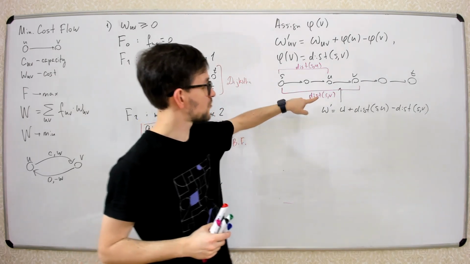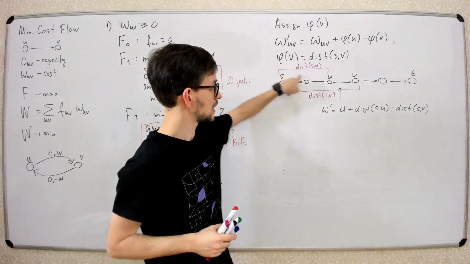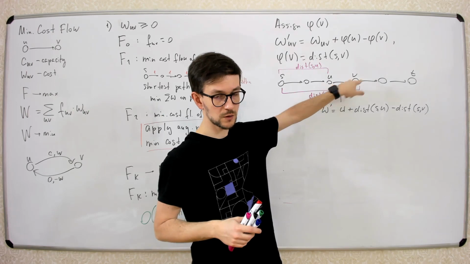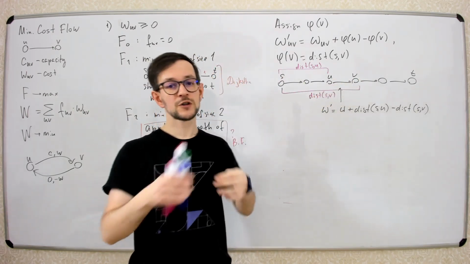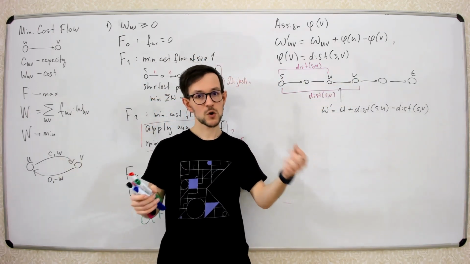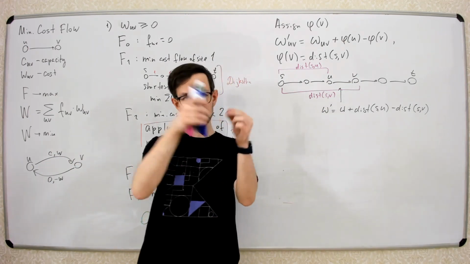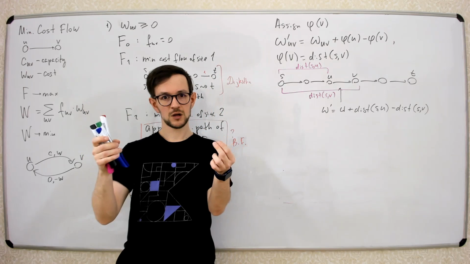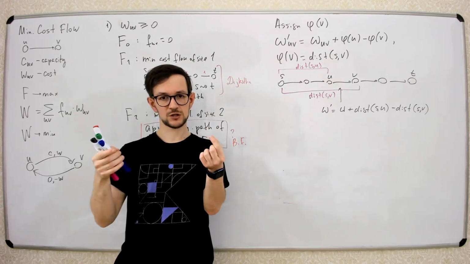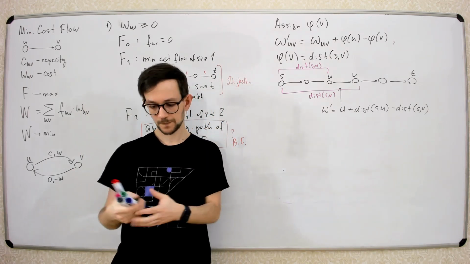Now, what is the difference between this distance and this distance? It's just the weight of this edge. Again, if you look at the shortest path, then all the edges on the shortest path are critical ones. So for each edge in the shortest path, the difference of distances just equals the weight of this edge.